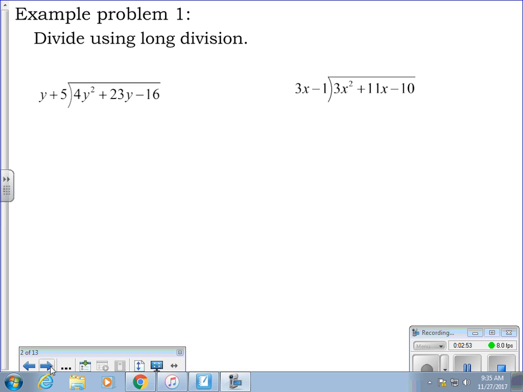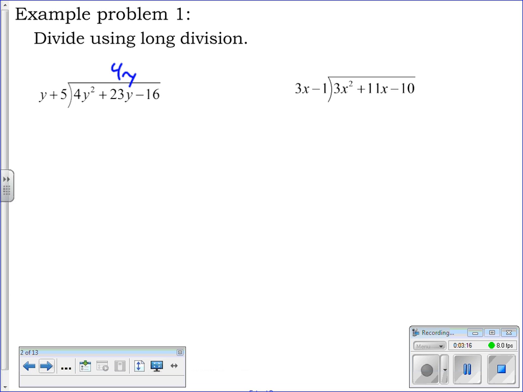When I divide by long division by y plus 5, I want to know how many times y goes into 4y squared. What times y gives me 4y squared? 4y. 4y times y gives me 4y squared. Does that make sense?